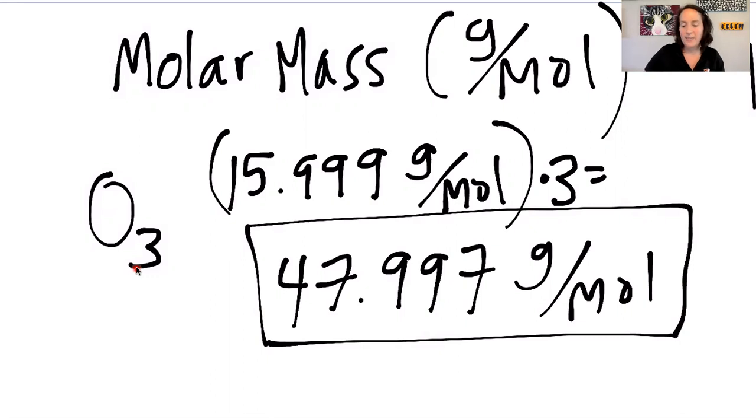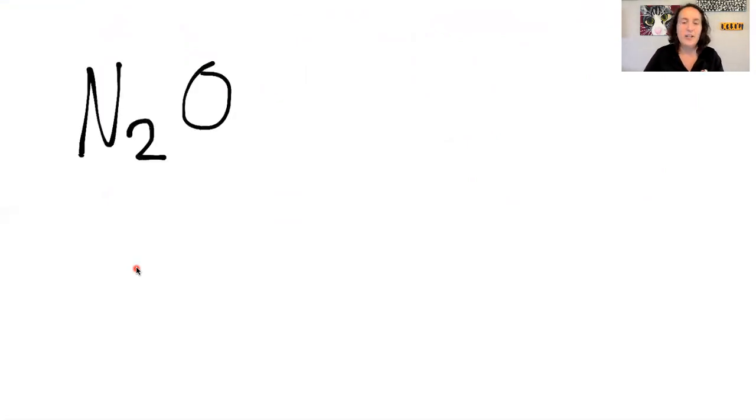Let's work another example. What about dinitrogen monoxide, N2O? So this compound is made up of 2 different atoms. One's oxygen and the other is nitrogen. In each 1 molecule of dinitrogen monoxide, there are 2 nitrogen atoms, right, and only 1 oxygen atom.